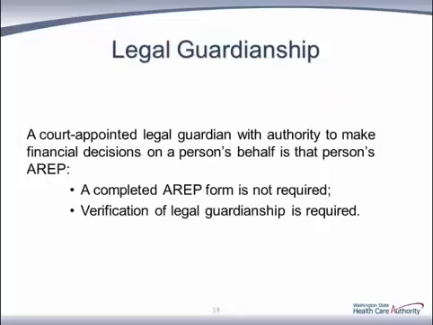A court-appointed legal guardian with authority to make financial decisions on a person's behalf is that person's AREP. A completed AREP form is not required. Verification of legal guardianship is required. If someone has legal guardianship, they must provide verification to the agency.